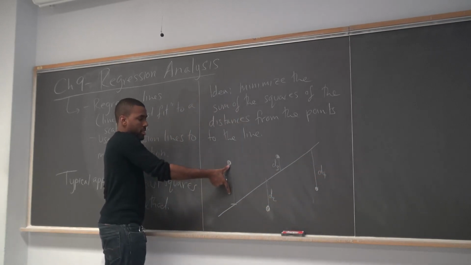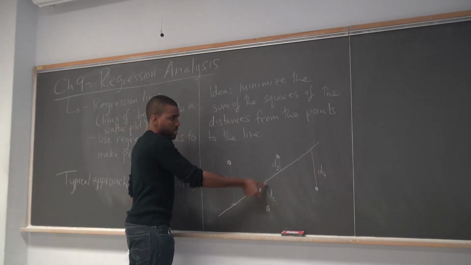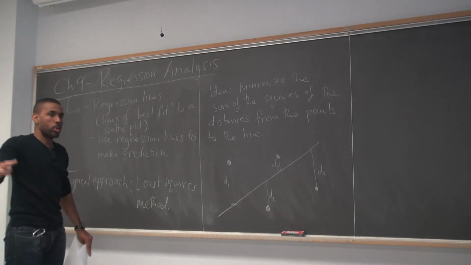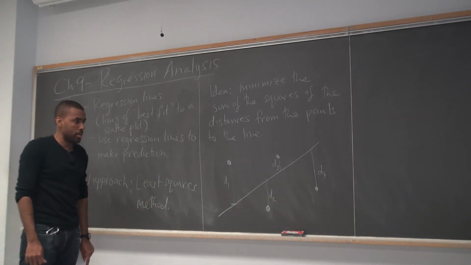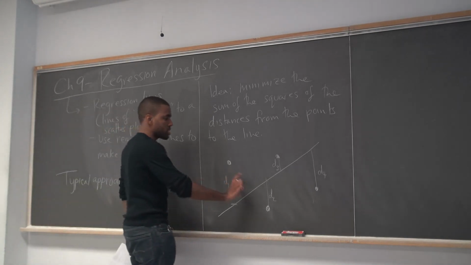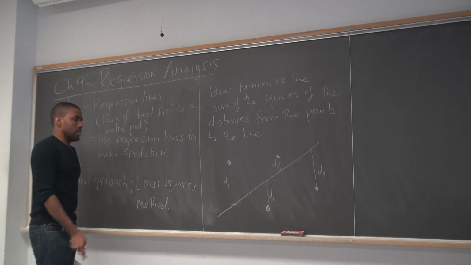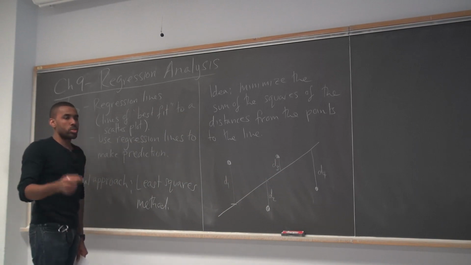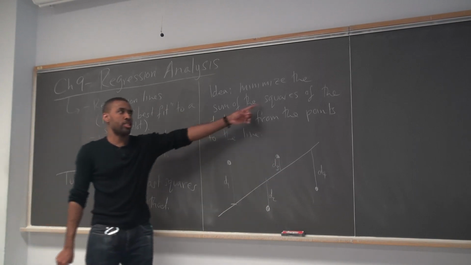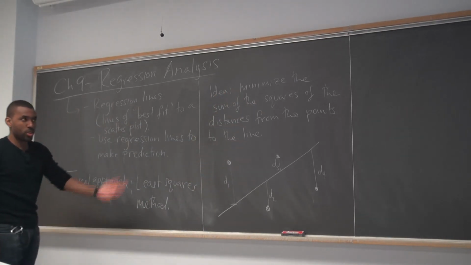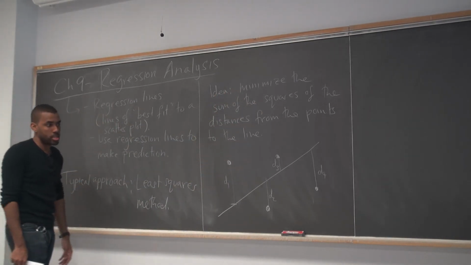So the magnitude of this represents the distance of each point from the line. Now we want it to fit all points pretty closely at the same time. So what we want to do is make the sum of all these distances as small as possible. And using the distance formula, we have square roots all over the place. That's why we take the squares of the distances, to make the computation easier. If we minimize the square of the distance, it's the same as minimizing the distance itself.